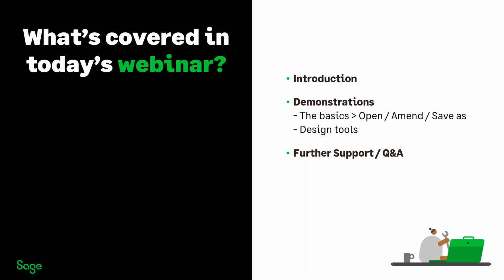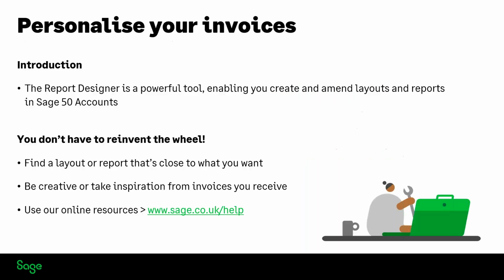So let's start with a brief introduction first to the report designer. Report designer forms a big part of Sage 50. Obviously, there's loads of reports and loads of layouts in the software, and it's a very powerful tool. It enables you to do simple amends like we're going to look at today.